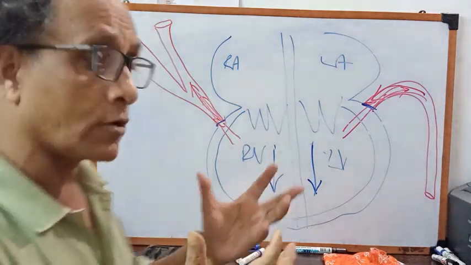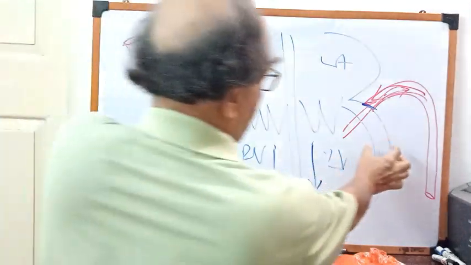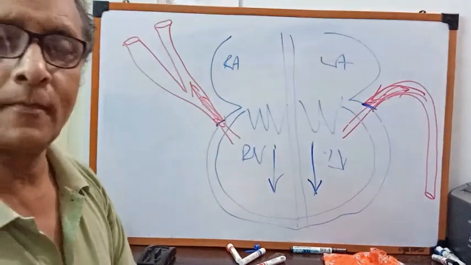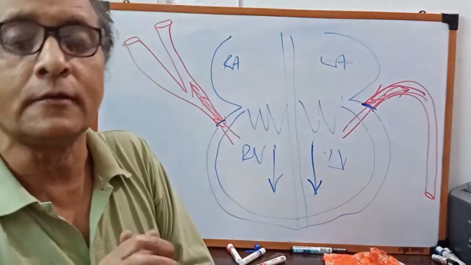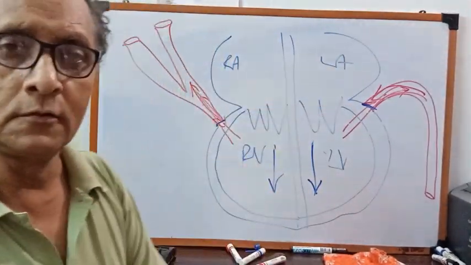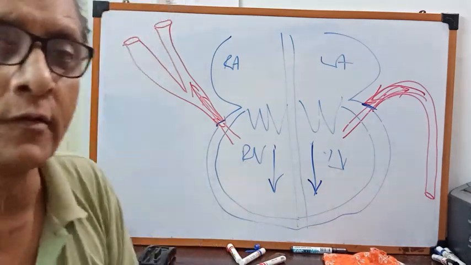These ventricular muscles are relaxing as a closed cavity. The ventricular volume is not changing because blood is not coming in, because AV valves are closed. This phase is known as isovolumetric relaxation phase.